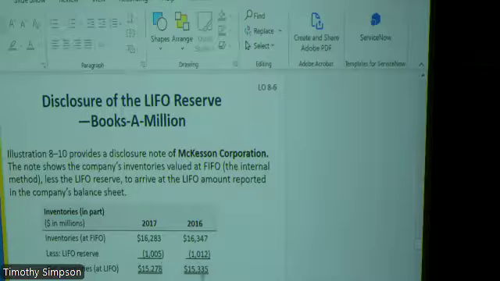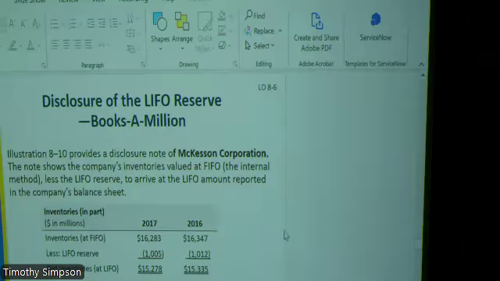And it actually went down from the prior year, because the prior year we had a greater amount of LIFO reserve. And this brings us then to what we call LIFO liquidation. This is where we start to reverse some of the cumulative effects of the LIFO reserve and the LIFO valuation application generally.